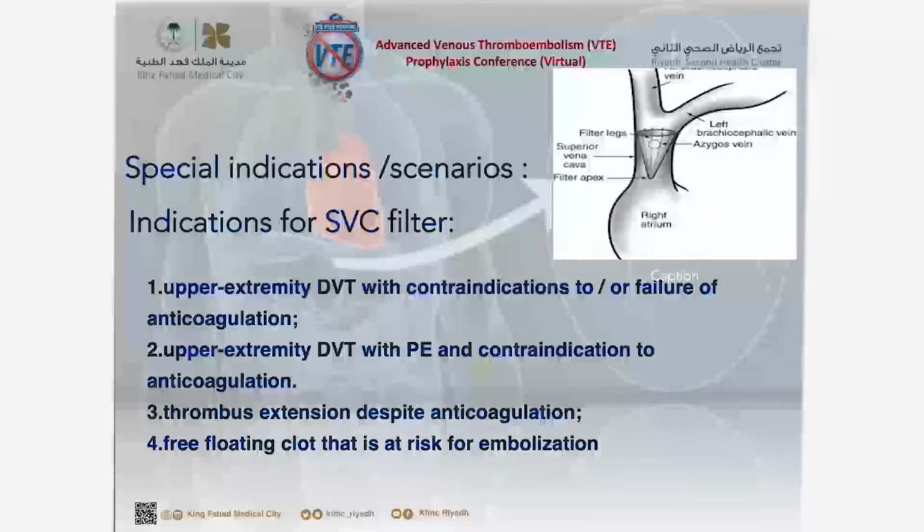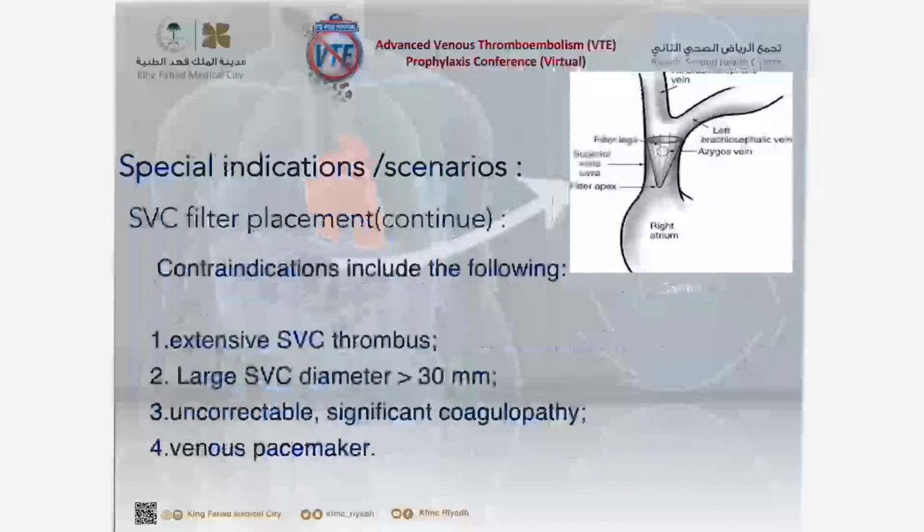In case of free floating clot with risk of embolization, this is also a good indication for SVC filter, but it has to be a good caliber SVC, not larger than 30 millimeters, in order to prevent the migration of the filter. Also, if there is an extensive SVC thrombus, this will preclude the insertion, as will uncorrectable significant coagulopathy and a patient with a venous pacemaker.